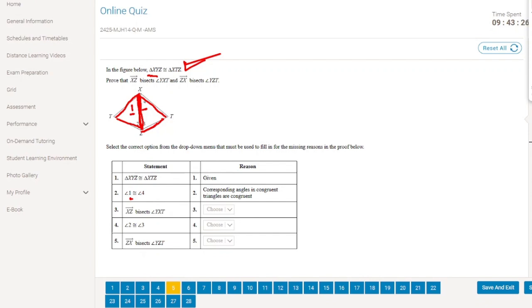Now, XZ bisects angle YXT, so this one we're going to choose definition of angle bisector.